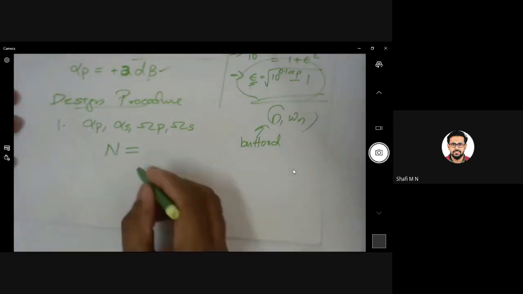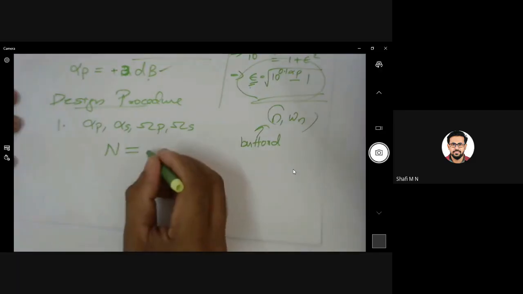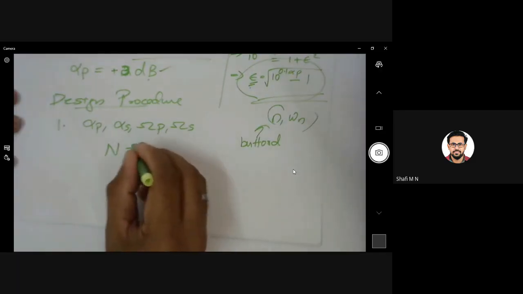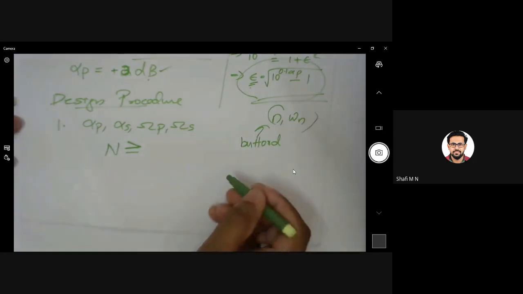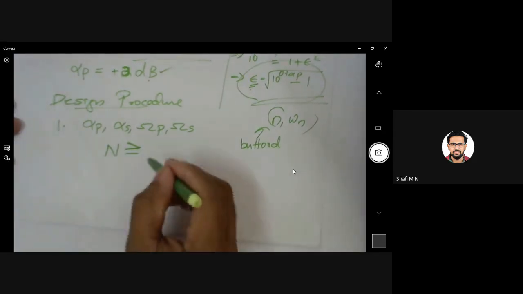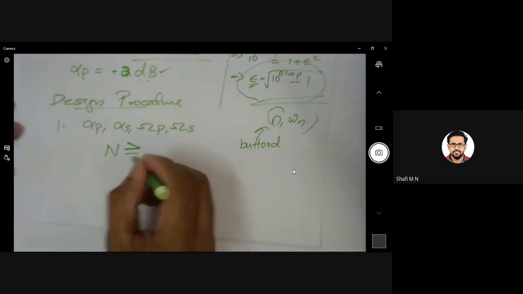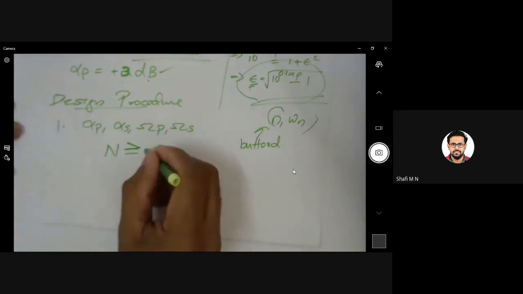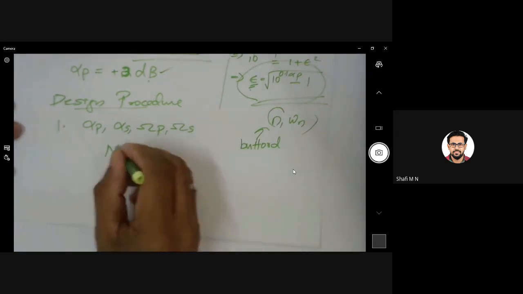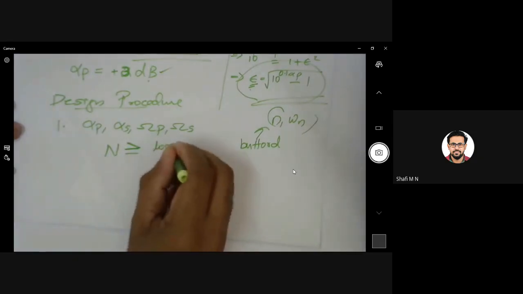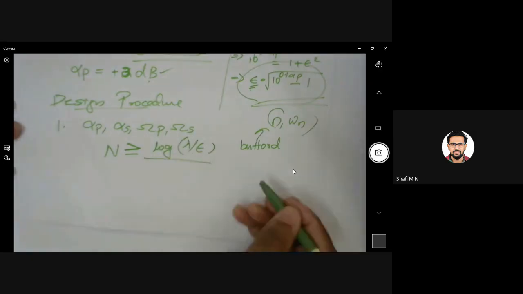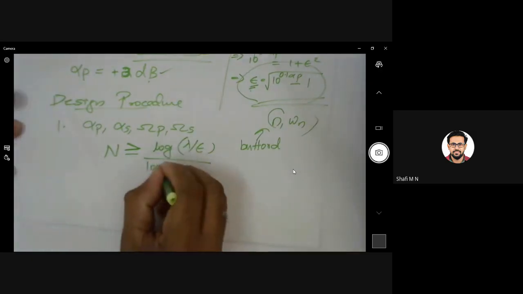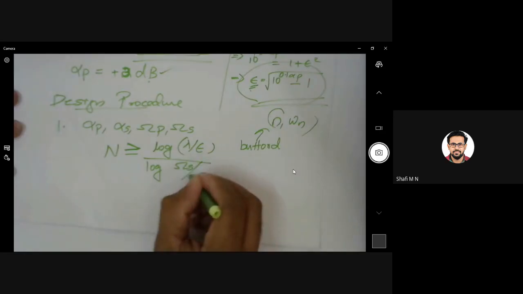To find the order, this is the equation. The order is greater than or equal to a value, which means the order will be a real number, so you have to round off these decimals. The equation is n greater than or equal to log of lambda by epsilon, this is the numerator, divided by log of omega s divided by omega p.